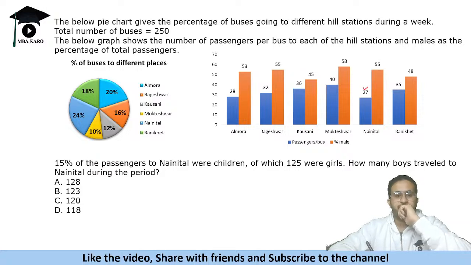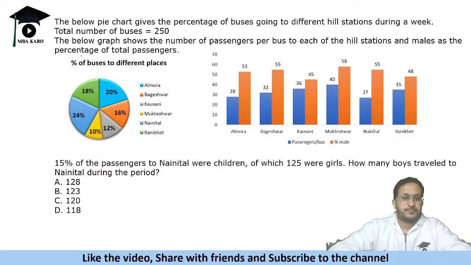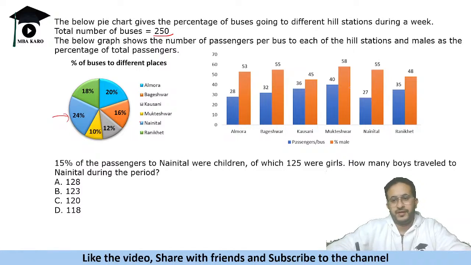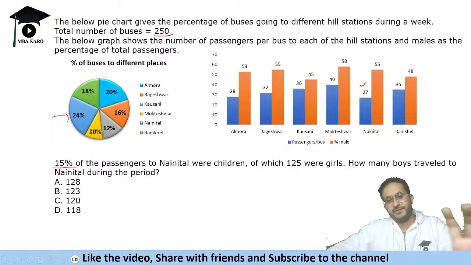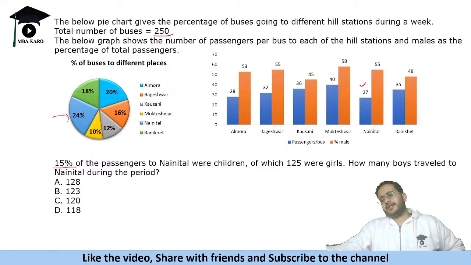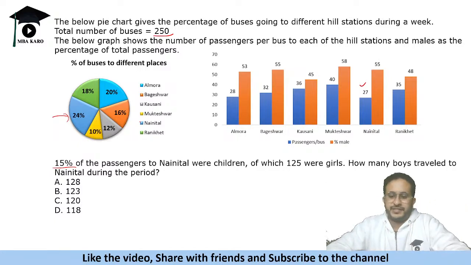So find this value. So 250, Nainital 24%, 27 passengers per bus, find 15% and subtract 125. So calculate करके बताओ कितना आंसर आएगा, and then I'll tell you an interesting thing also in this.